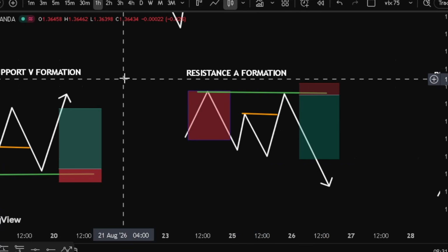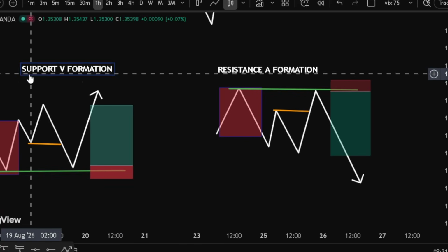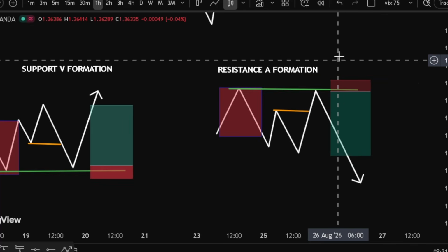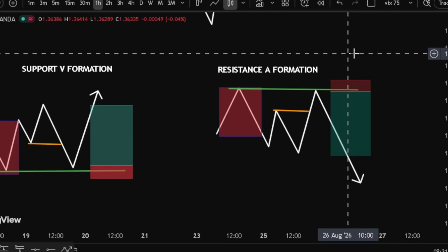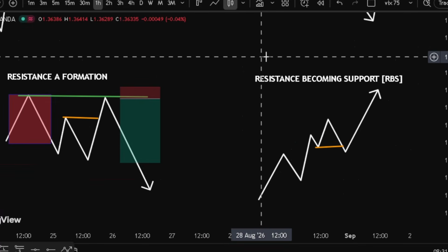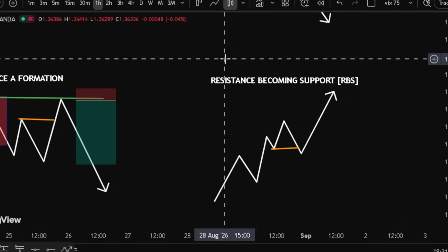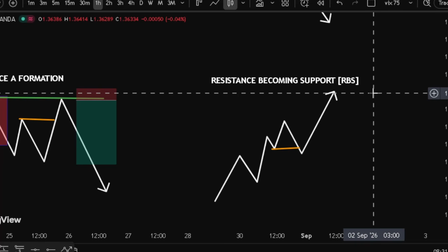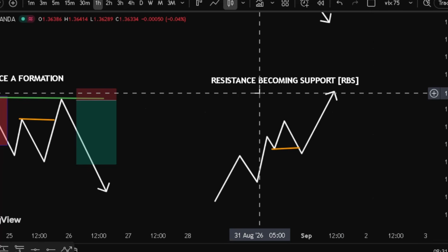So we've discussed 2 so far. I've talked about support V formation and resistance A formation. Now I'll take you to the third one, which is known as resistance becoming support, or the RBS. This is actually just a breakout strategy. In this one, we use it to trade the buys.